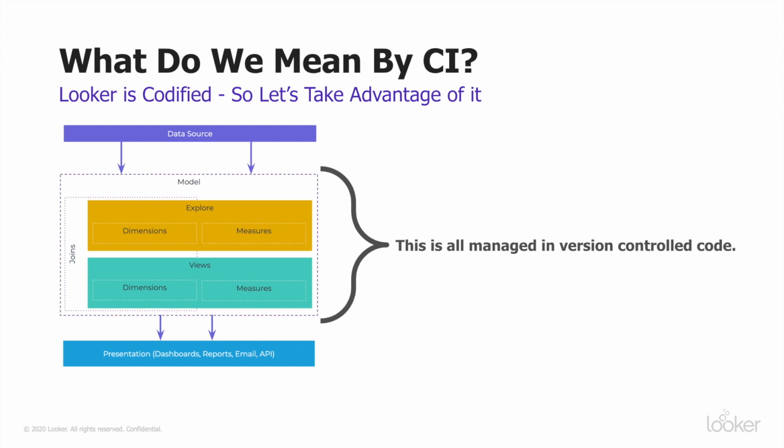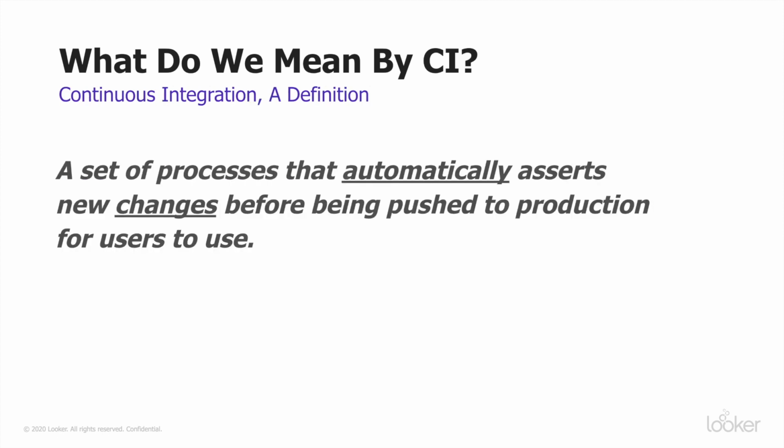Continuous integration is building on top of that. A set of processes that automatically asserts new changes before being pushed to production for users to use. The automatically part is the continuous part of continuous integration, and the changes part is the integrating changes. So continuous integration, automatic change management.